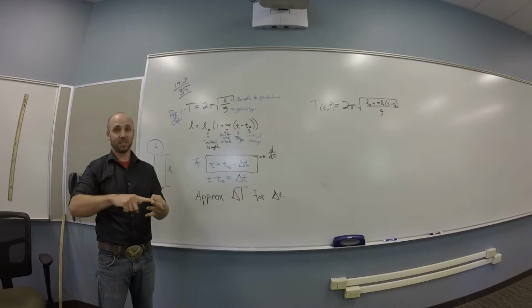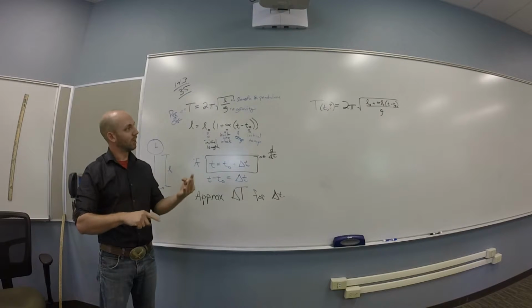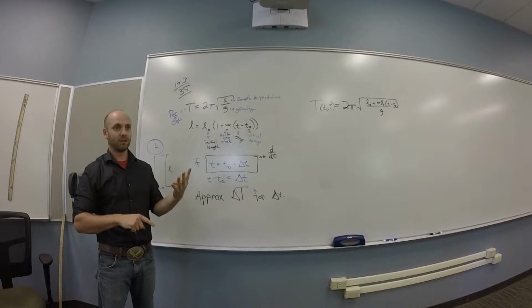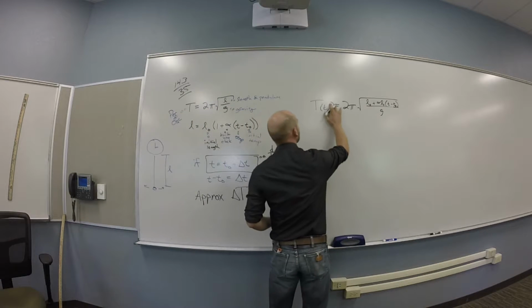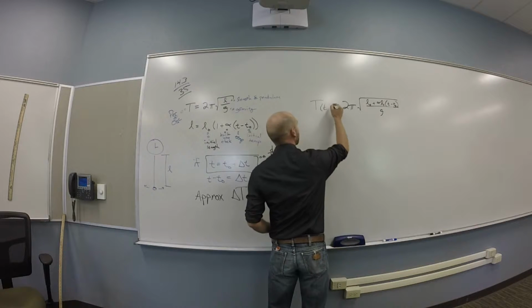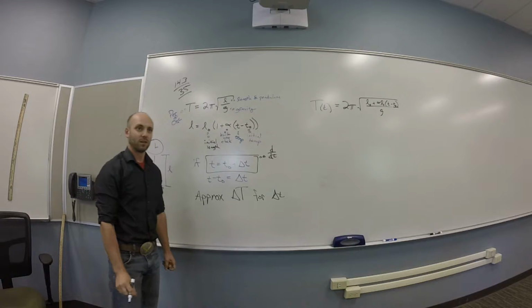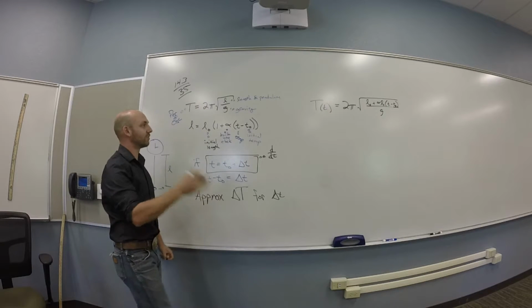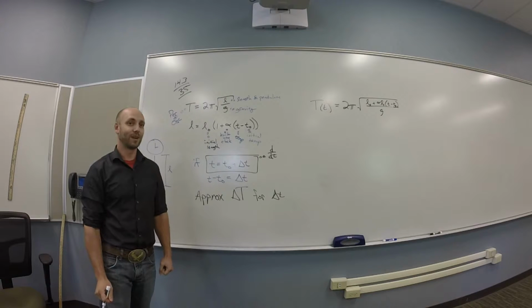T naught is the initial temperature, so that's also a constant. L naught is also a constant. So this isn't even a function of two variables. Capital T is just a function of little t. Thank you for catching me.